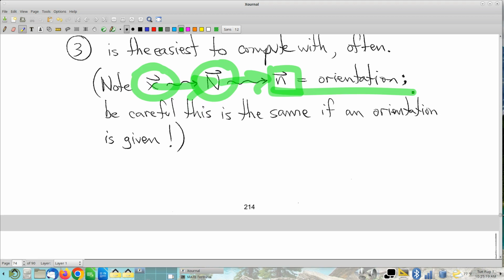Oh, wait a second here, though. When you are asked to compute a flux through a surface, they're going to indicate which way they call the positive direction through the surface. Right? There's a big difference between, let me try to think of a good metaphor.